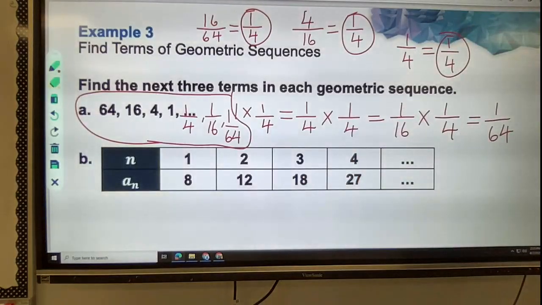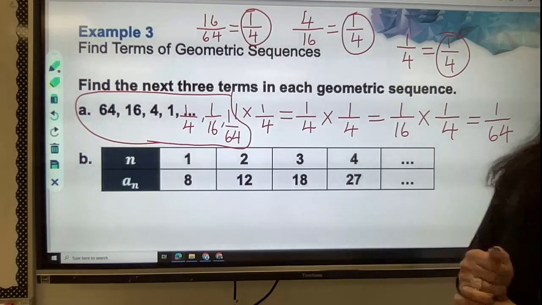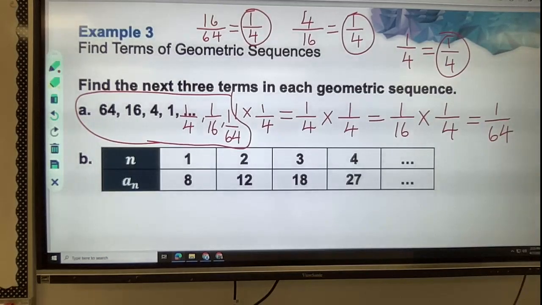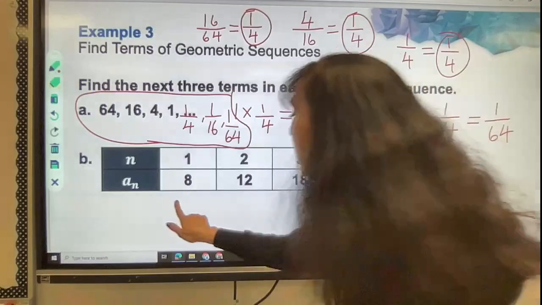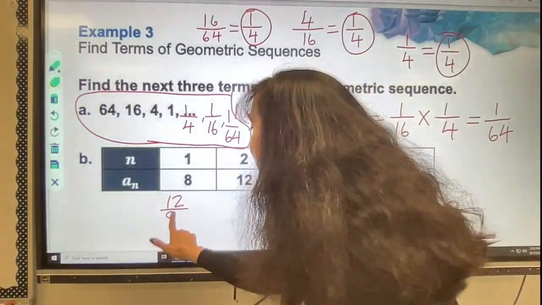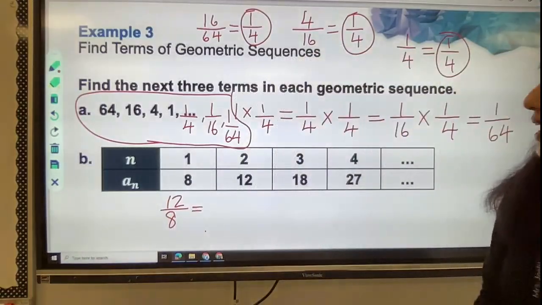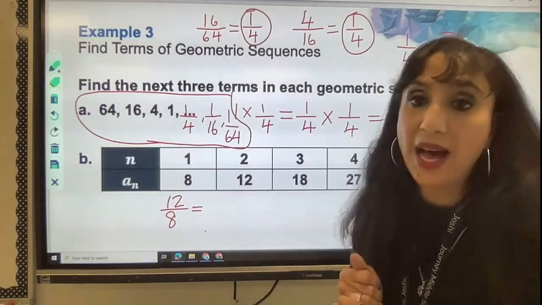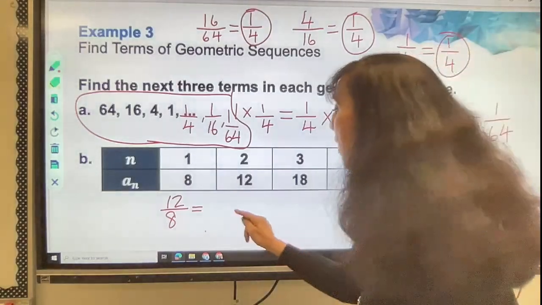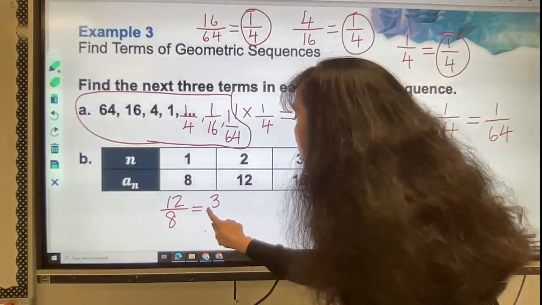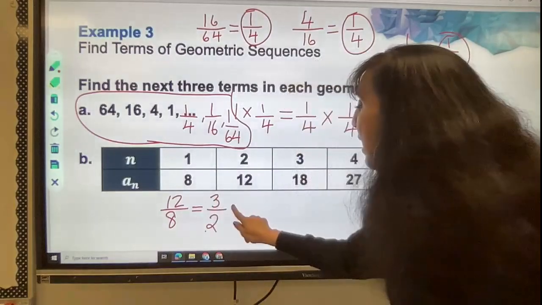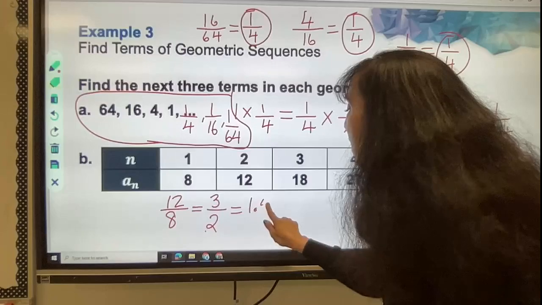Okay, now let's do the next one where I have the table, and so I am going to divide 12 by 8 to find the common ratio. So 12 by 8 to find the common ratio, and I know that 12 and 8 are both divisible by 4, so I get 3 times 4 is 12 and 2 times 4 is 8, and this gives me 1 and 5/10.